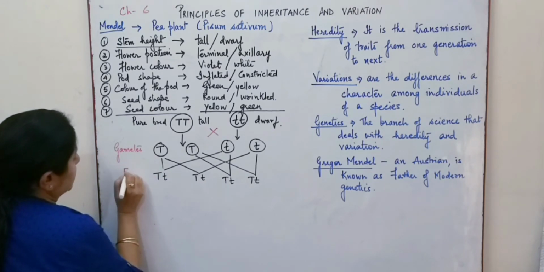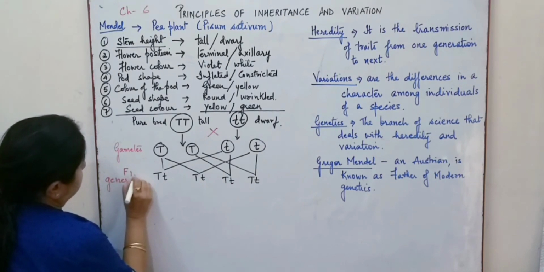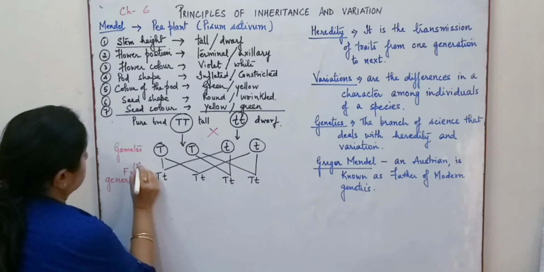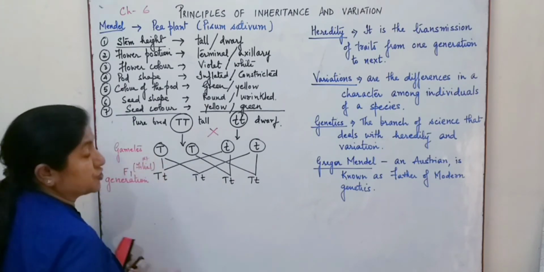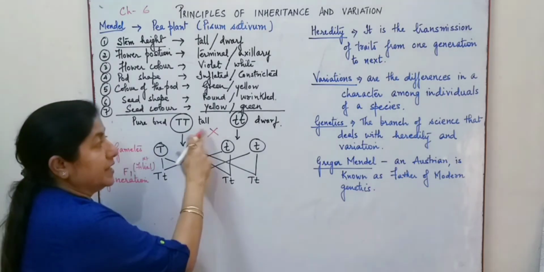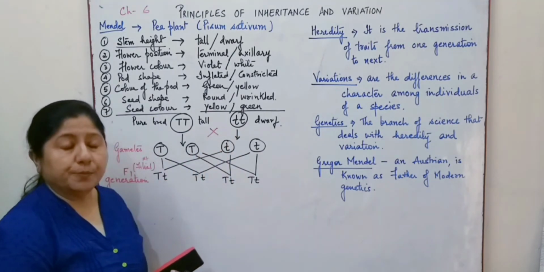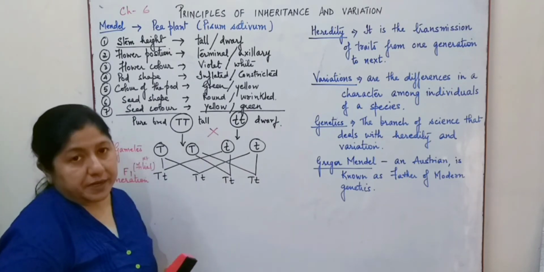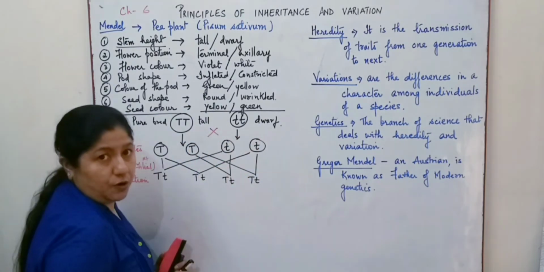and this is the F1 generation or the first filial generation. I write over here filial, first filial generation. Now when he crossed these plants, he was expecting that all the plants in the first generation would be medium heighted because of the blending of the tall and the dwarf plant.